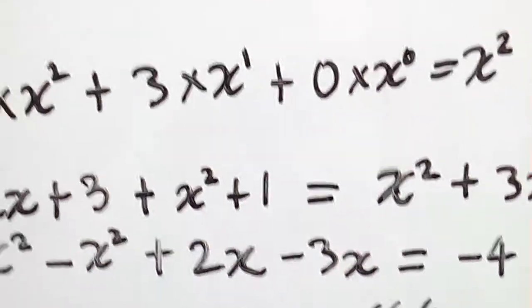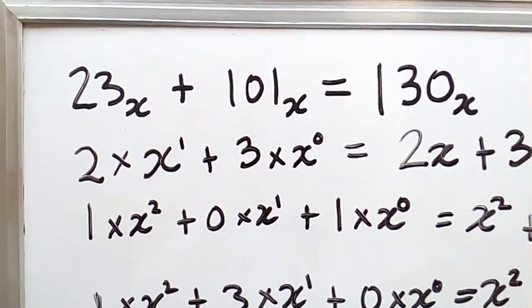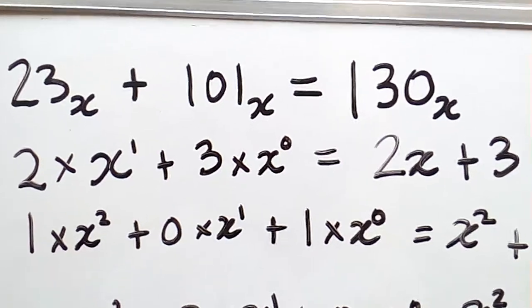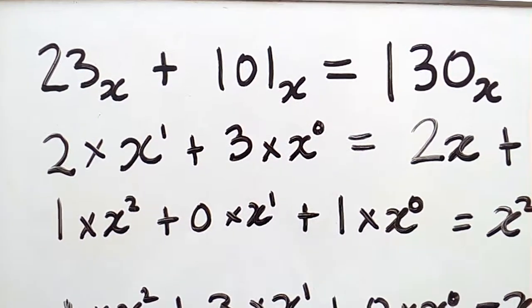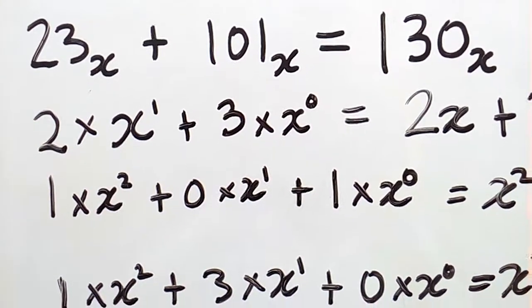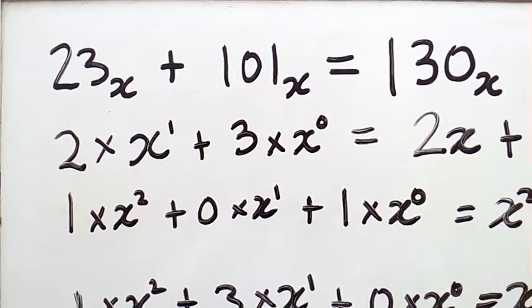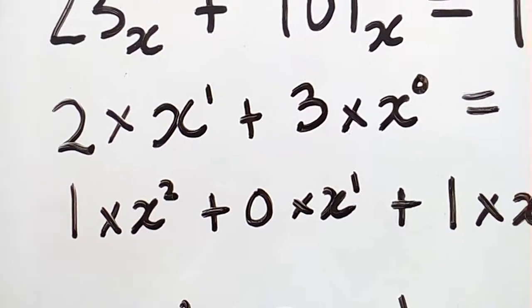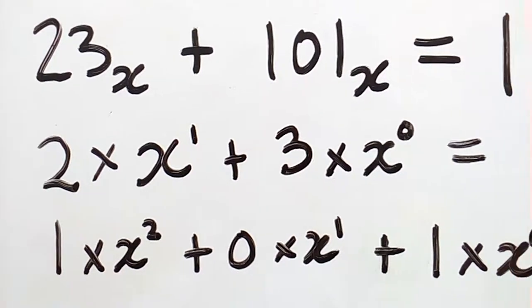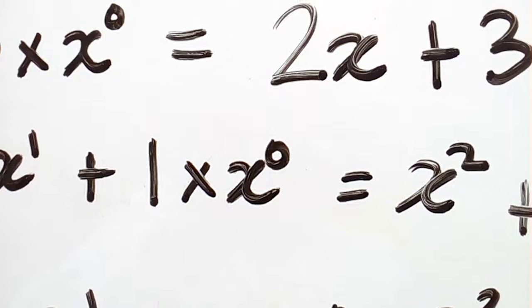Okay, so let's go through the process again. Can we see it? Okay, second step takes us to convert each number to base 10. Okay, and then this is for 23 to base x going to base 10.